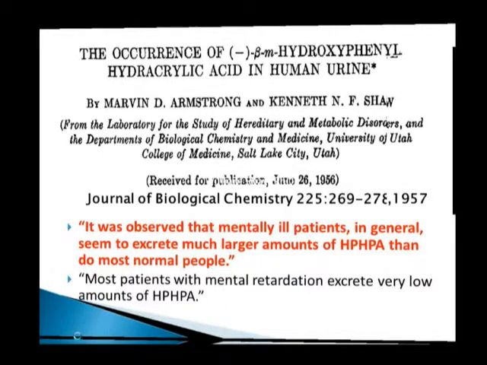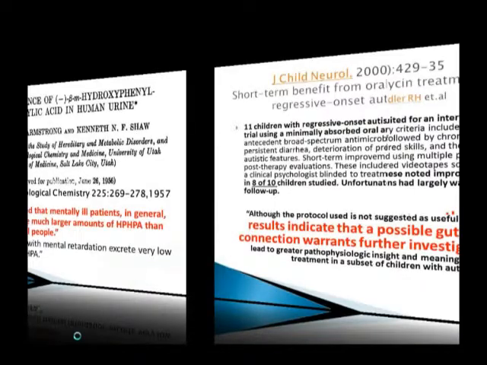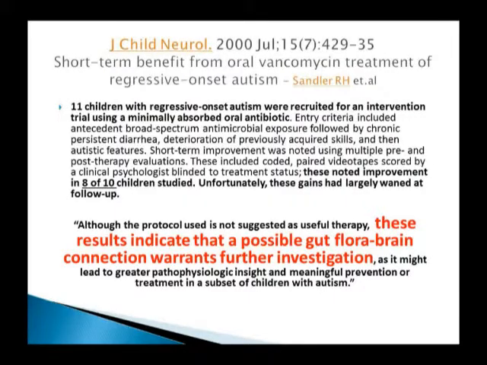A lot of the play with respect to Clostridia bacteria causing problems in autism got at least some emphasis and publicity based on a study back in 2000 in the Journal of Childhood Neurology, where they were using vancomycin on a group of regressive autistic kids.